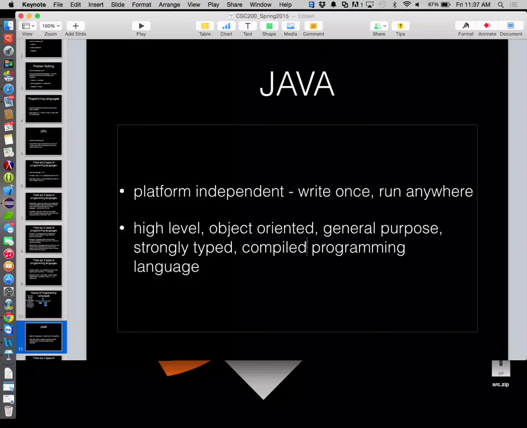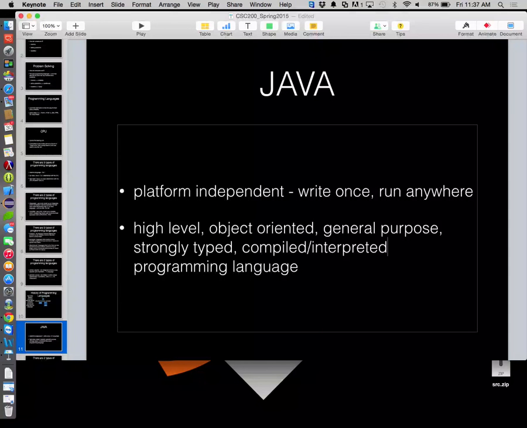But I'm going to throw a little caveat in there: slash interpreted language. Kind of both. And it was in this kind of both argument that Java was able to accomplish its platform independence. Okay, and let me show you how that worked.